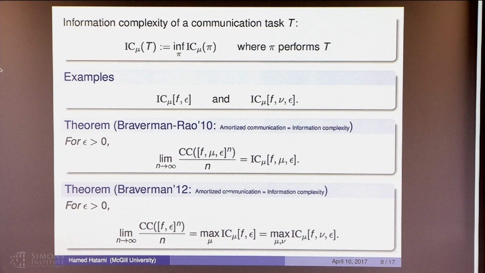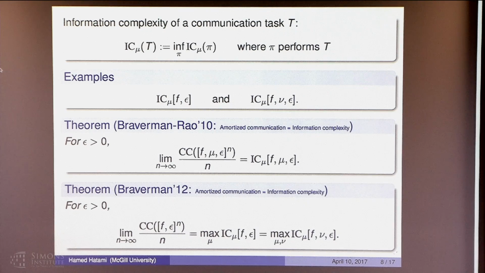So this is a paper later by Braverman, which showed that for this one, you converge to the following thing. Now what I'll get is that I'll pick the hardest distribution mu and look at the information costs of computing this task. So computing f correctly on all the inputs with error at most epsilon.